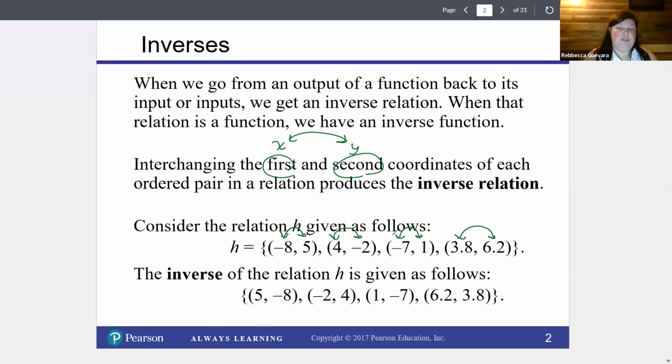Like I said, I'm switching my x's and my y's. So the inverse relation would be, now 5 goes in, -8 comes out. Now -2 goes in, 4 comes out. 1 goes in, -7 comes out. And 6.2 goes in and 3.8 comes out. So all we did is switch the domain and range, essentially.